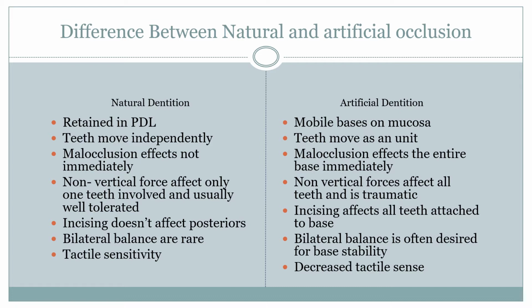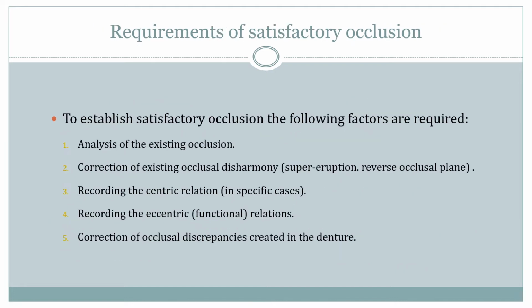Whereas in your artificial dentition, if you're trying to bite on the anterior, sometimes it causes instability of the denture in the posterior. This is most commonly seen in your resorbed ridges, in your mandibular severely resorbed ridges. Okay. In your natural dentition, you have tactile sensitivity, but in artificial dentition, if it's a partial denture or a removable complete denture, there is decreased tactile sense.